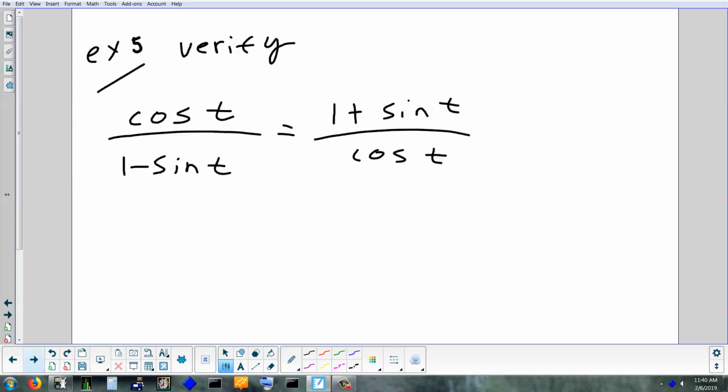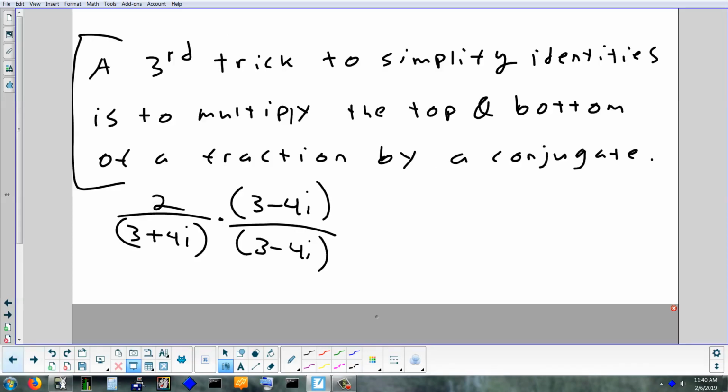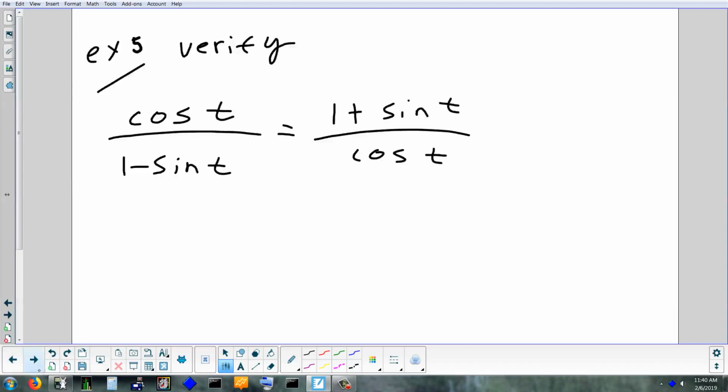A number minus a trig function. That hasn't come up in any other problem we've done. So conjugates come up when you see a problem with fractions, and in part of the fraction, it looks like a number plus or minus a trig function.